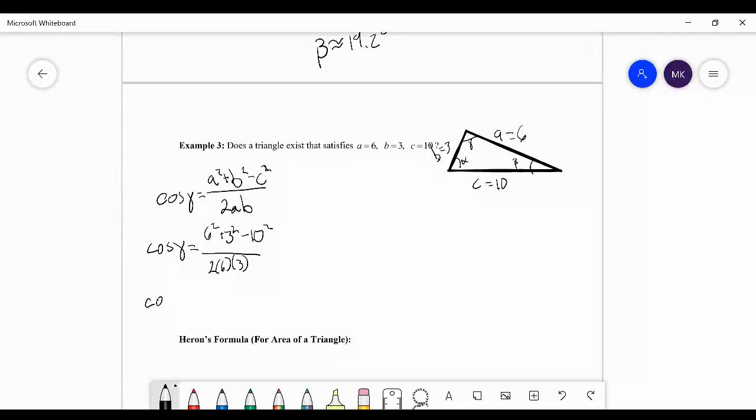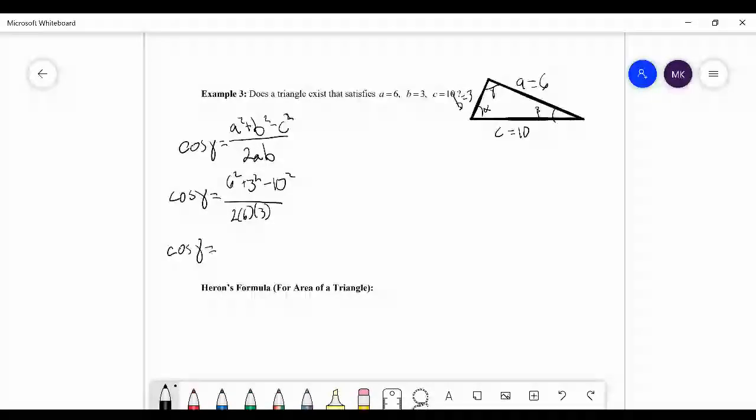Okay, so we have that cosine of gamma is equal to, now we just do this math very simply, so 6 squared, again, making sure you're careful with your parentheses, plus 3 squared minus 10 squared over 2 times 6 times 3. And we get the fraction negative 55 over 36, which is about negative 1.53.